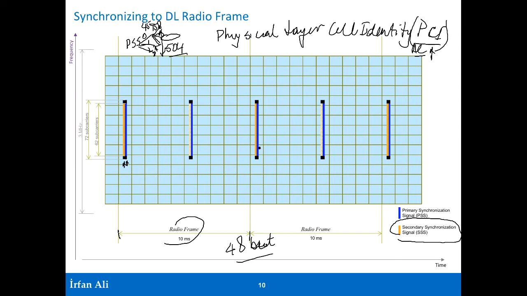It can just decode the PSS and the SSS, find out what the identity is, and provide measurement reports based on these physical cell identities, and not have to read the overall cell ID, the real full name of this cell.